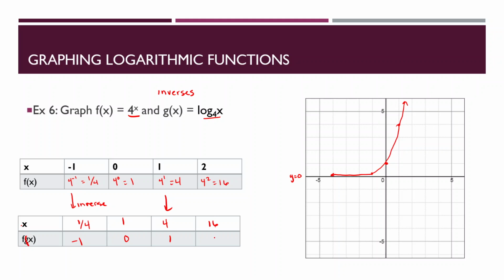And then I plot each of these points. So I'm going to have 1/4, -1; 1, 0; 4, 1. And then I'm going to connect these dots.